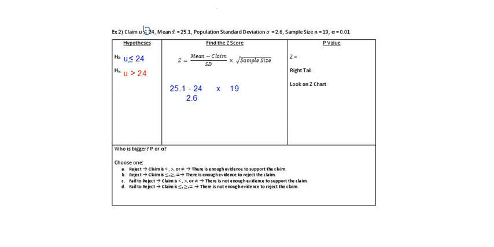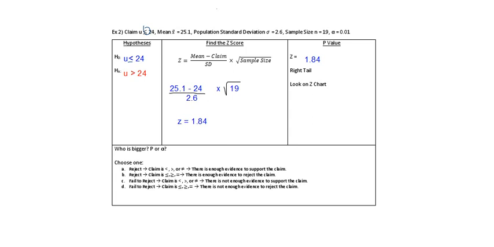Let me fill in some lines: fraction sign here, square root right there. Let's see what we get. We're going to get a z-score equal to 1.84.